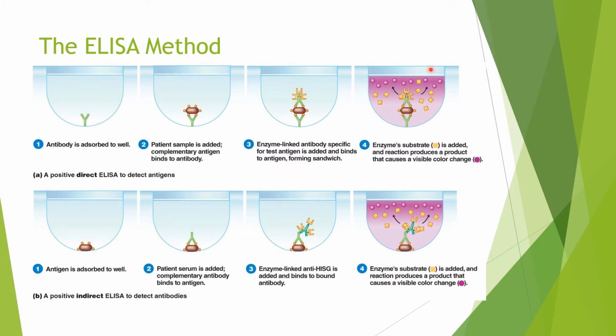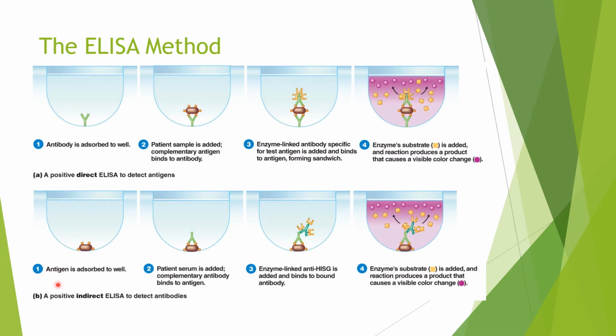The only time we're going to figure out that a change has taken place is after we add that secondary antibody linked with the enzyme, and then we add the substrate. Once the substrate binds and reacts with the enzyme, the change in the color within the well is going to take place. And if that happens, that's a confirmation that the patient has this bacterial infection.